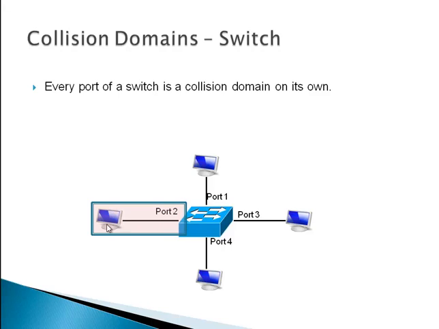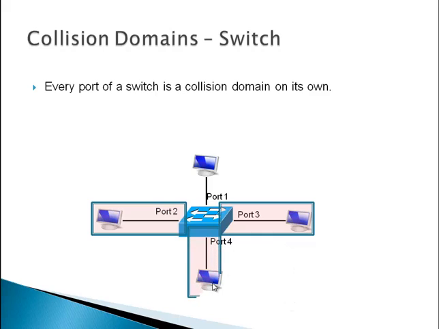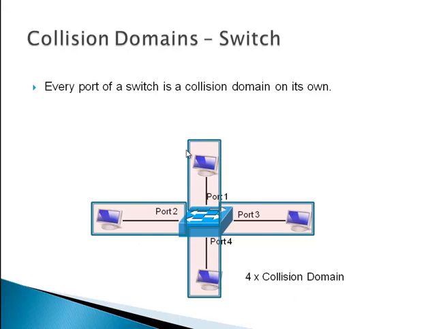It's considered one collision domain. This switch with this PC here is a second collision domain, and this switch and the PC on port 4 is a third, and so on. So here we have 4 collision domains. You have to remember, every active port on the switch is its own collision domain.